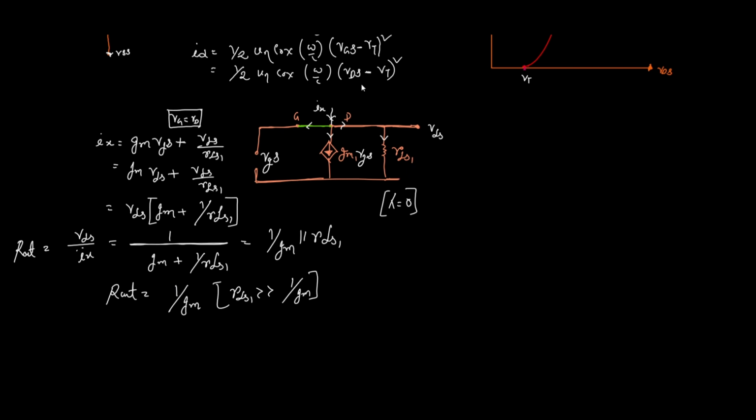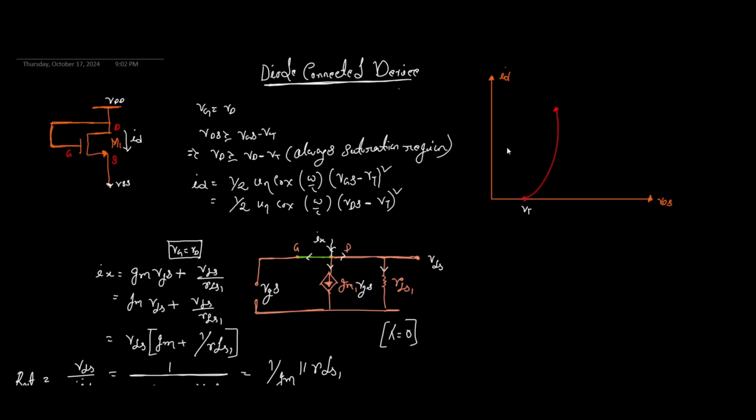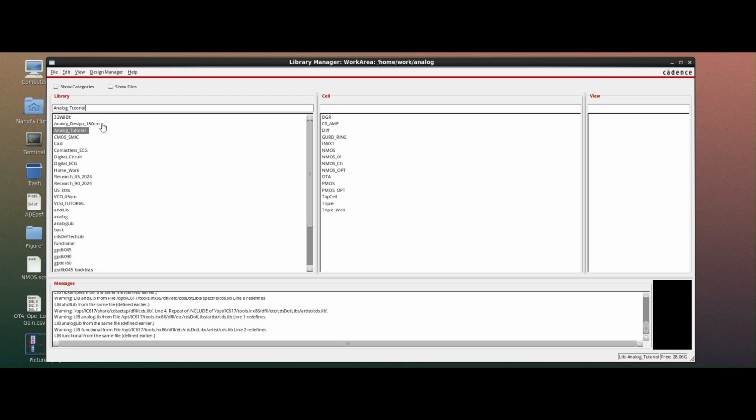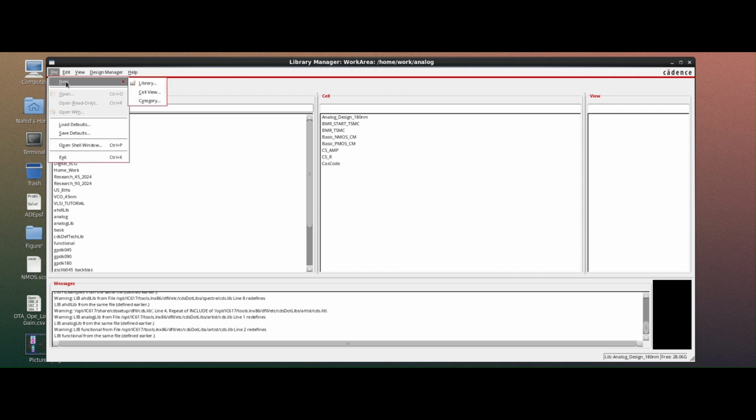And now we have to simulate it in Cadence and see whether the curve looks like this or not. So this is the Cadence Virtuoso window, library manager. So let's create a new library.